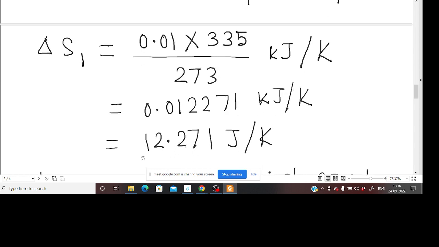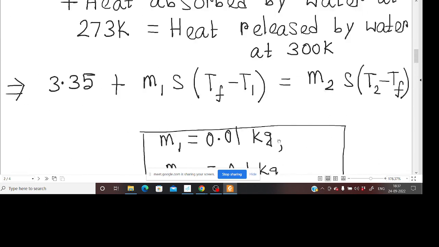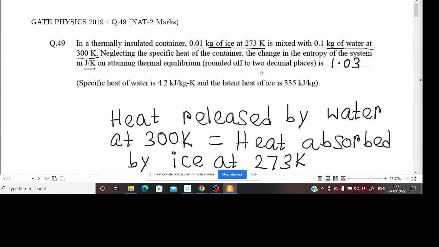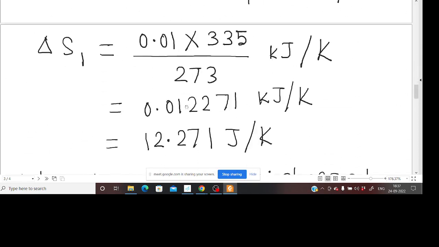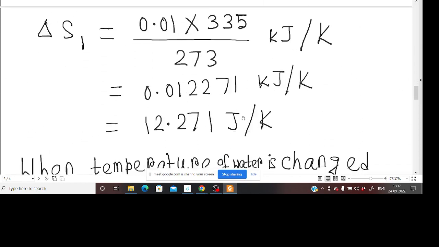Write all the entropies in joule per Kelvin, because in the question you need to find the total change of entropy in units of joule per Kelvin. So just convert the kilojoule to joule, and the Kelvin remains Kelvin. You just need to multiply by 1000 for going to joule from kilojoule.